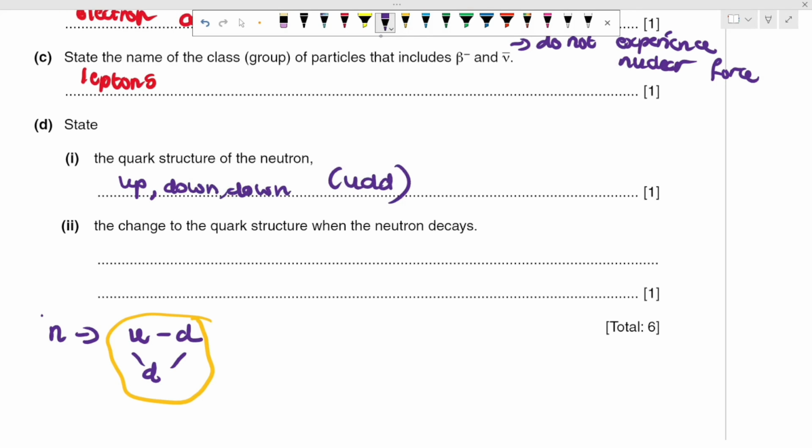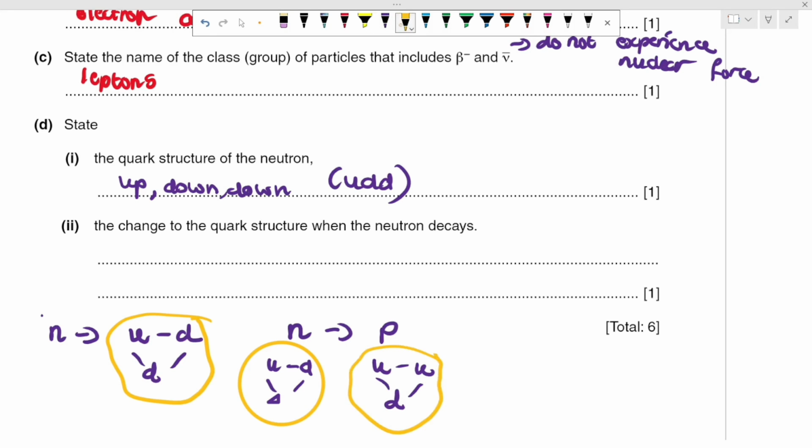State the change to the quark structure when the neutron decays. So when a neutron decays, since we had a neutron that went to a proton, we know that a neutron is up, down, down, right, like so, and then it went to a proton. A proton is an up, up, down, like so.